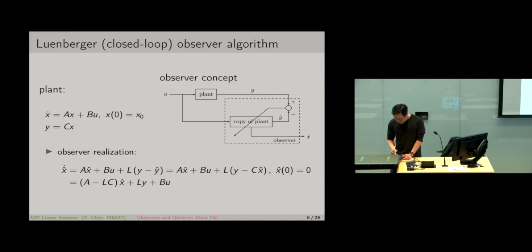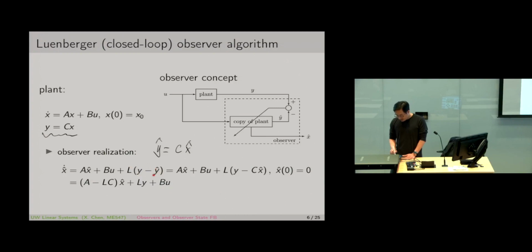The difference is we now add an error term, which is the difference between the actual output y and the estimated output y hat coming out of the observer. If we have the system dynamics y equals Cx, the true output is this, then the estimated output y hat will be C x hat.